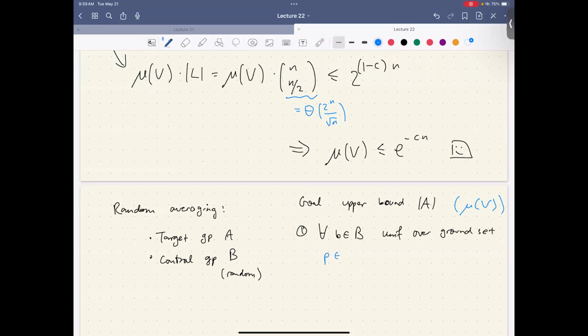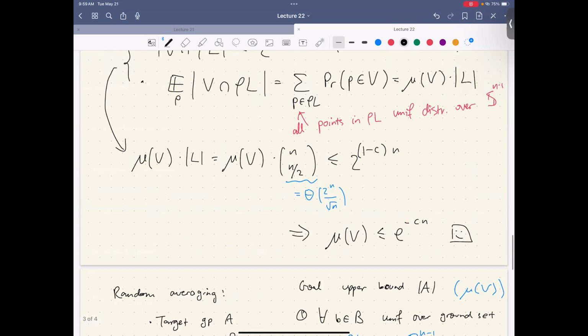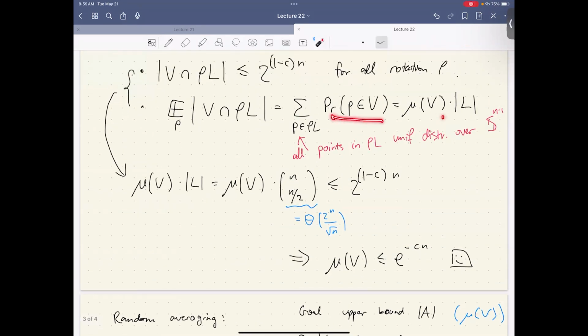We have this P in rho L uniformly distributed over the ground set, which is the unit sphere. This then implies the probability that every element in B lies in our target group equals the measure of A, which is the size of A basically. This is what's going on here.